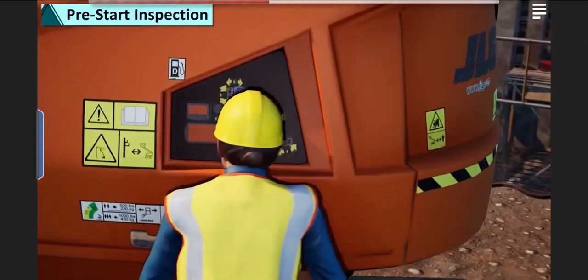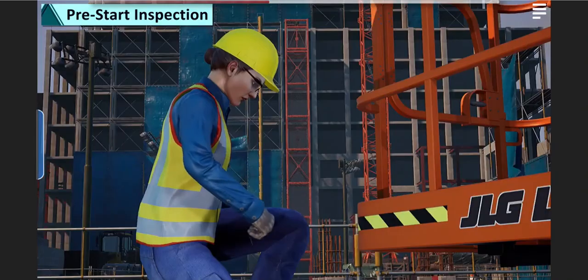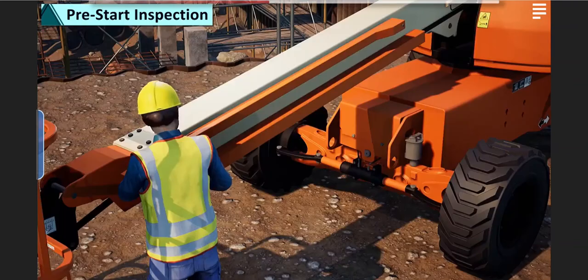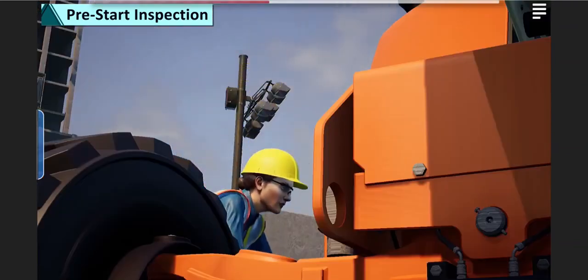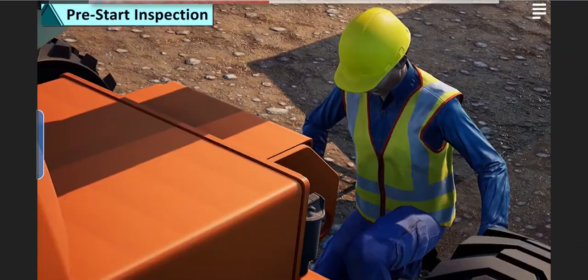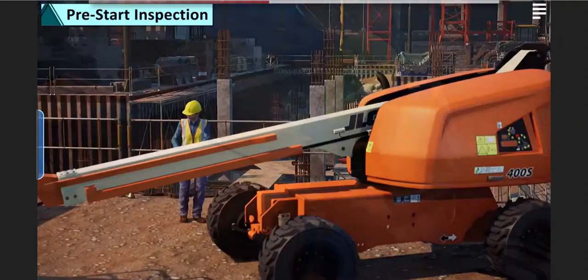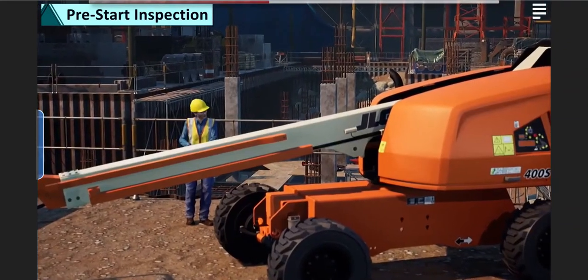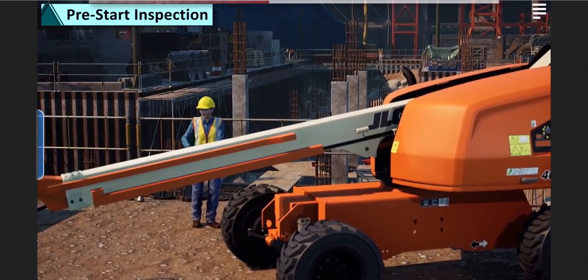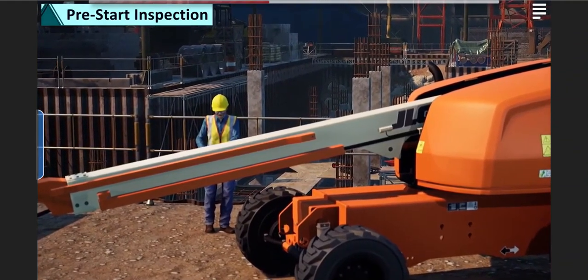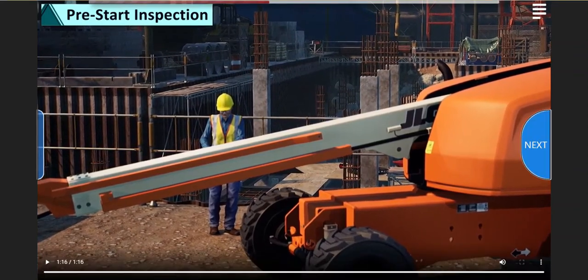They must also check the general condition of MEWP structures, including the work platform, fall protection systems, extending structures, stabilizing structures, outriggers, pins, securing devices, and any other items suggested by the manufacturer. Finally, the operator must do a general check for cleanliness and general signs of damage, including checking for any loose, damaged, worn, or missing parts.